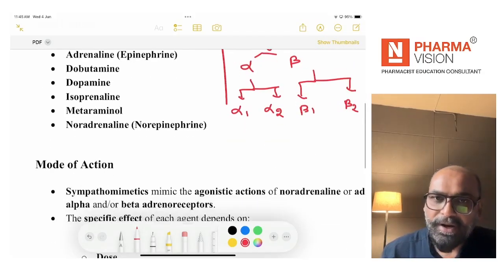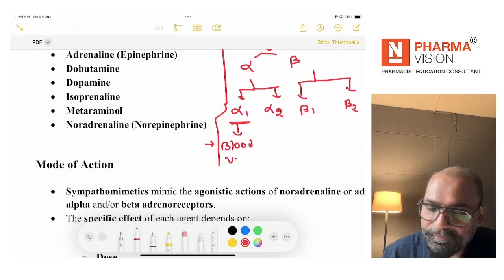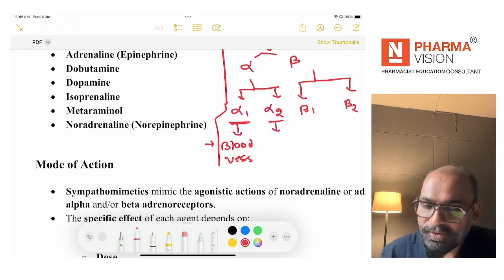Another important point to keep in mind is distribution, where these receptors are located. The alpha 1 receptor is mainly located in blood vessels. The alpha 2 receptor is located in the central nervous system. The beta 1 receptor is mainly located in myocardial muscle, meaning the heart.